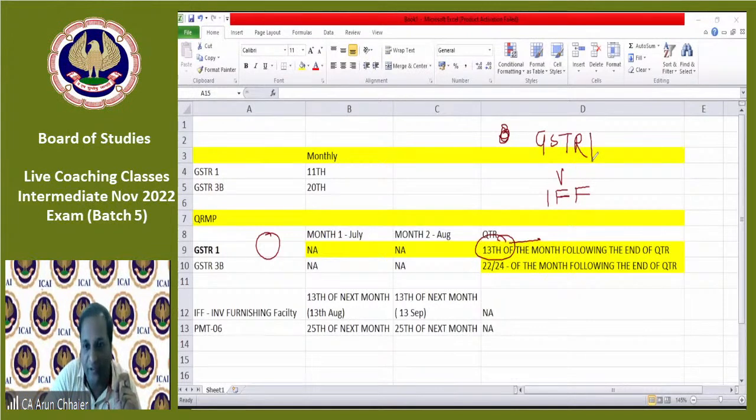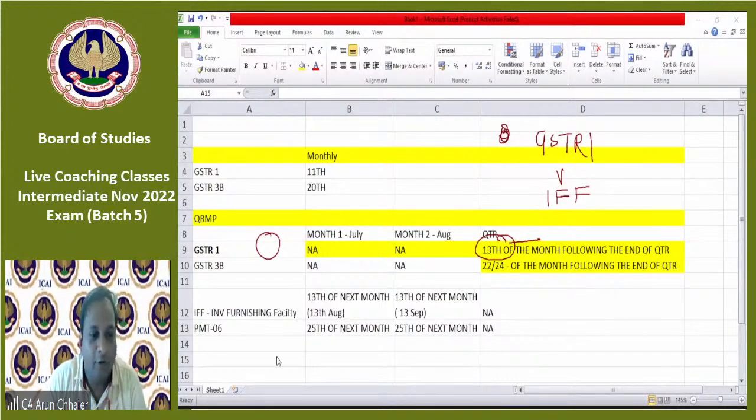GSTR1 and IFF, what is the one bigger difference? There are multiple differences, we'll talk. We have already discussed B2B versus B2C, but now I'm telling one more thing. After the 13th, you cannot furnish IFF. But GSTR1, if you would like to furnish, you can furnish even after the due date.